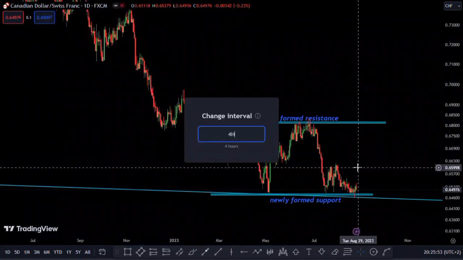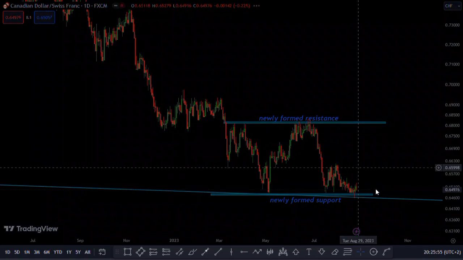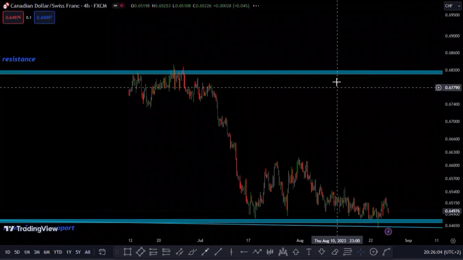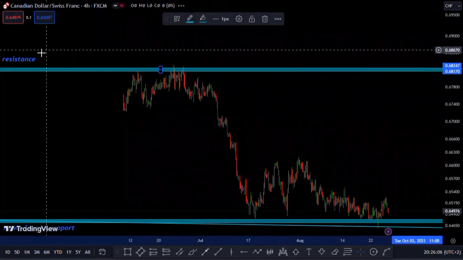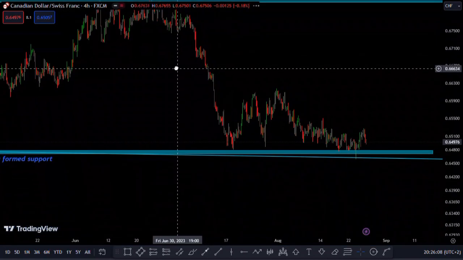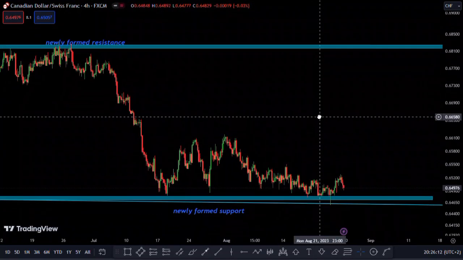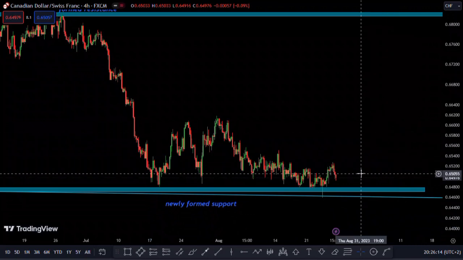Let's go to 4-hour and see what's really going on down there. Okay, remember, this is our resistance, this is our support. We are trading inside resistance and support, in a consolidation.